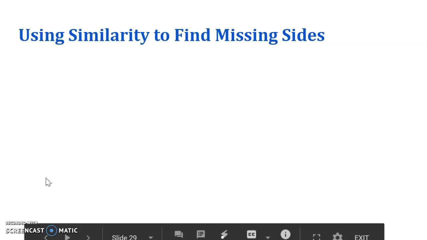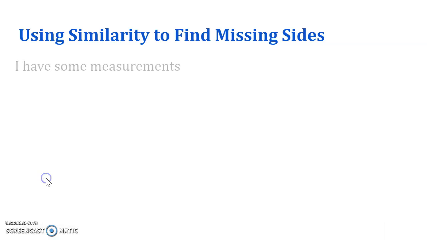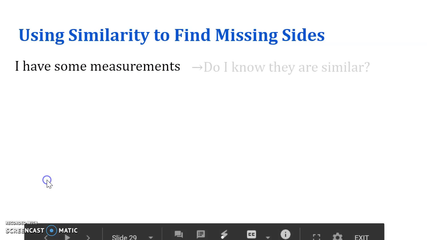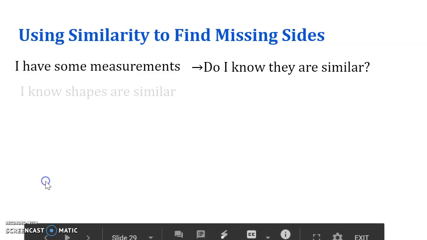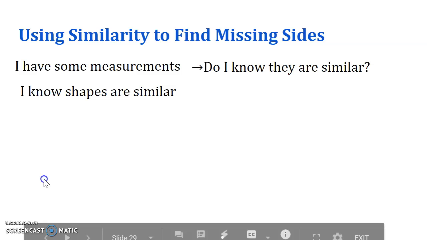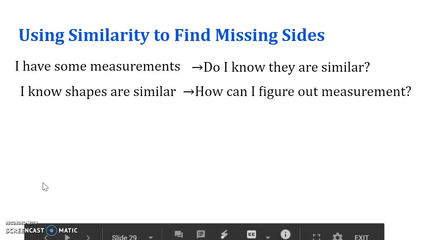Okay, so using similarity to find missing sides. With application problems, the first question you need to ask yourself is, do I know if they are similar? And then if I know the shapes are similar, how can I figure out the measurement? It depends on what you know and what you're trying to do.